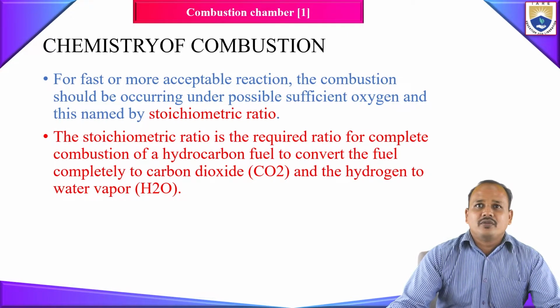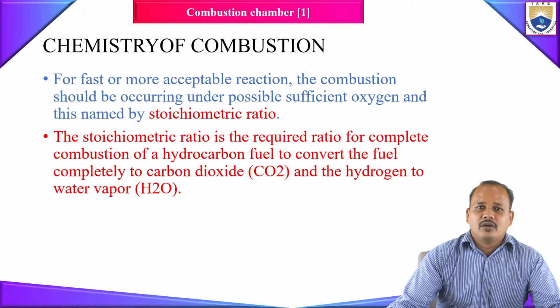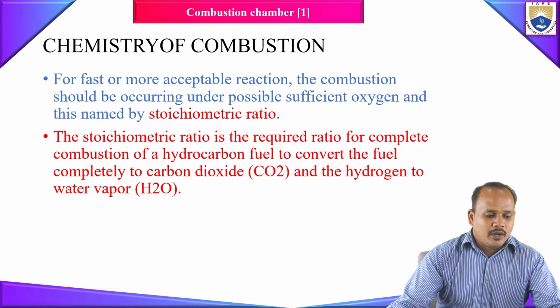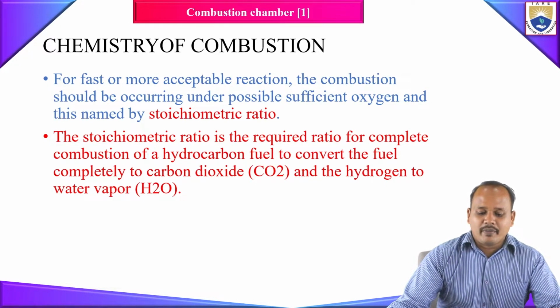When I add air to CH4 and do the combustion, the CH4 will be converted into carbon dioxide as well as water vapor. So if I have 1 kg of this fuel, it should be completely converted into carbon dioxide and water vapor. How much air I require for that is what we call the stoichiometric ratio.